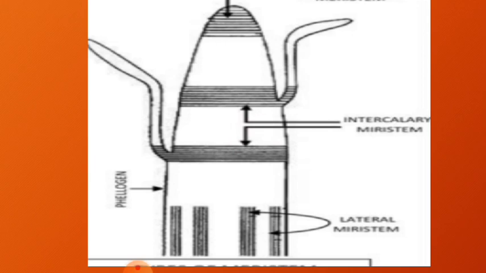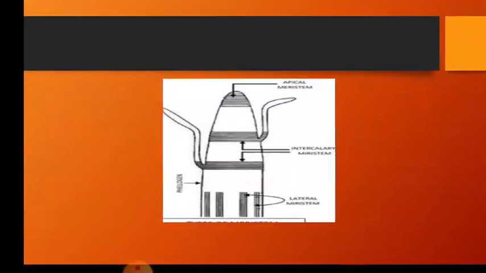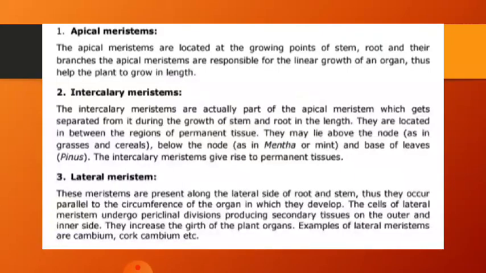It gets fully used up in the formation of permanent tissue. This intercalary meristem helps us in the elongation of organs; its main function is the elongation of organs.